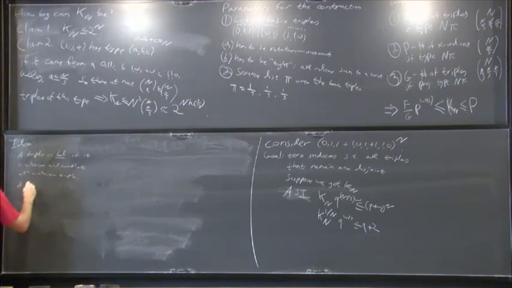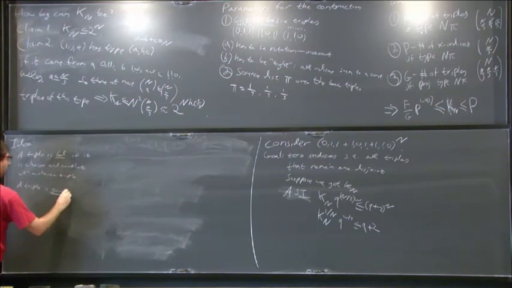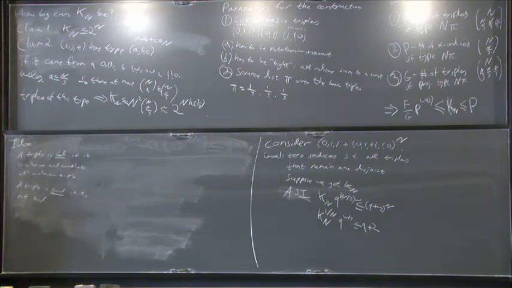Is good if it's not bad, and it's also chosen. And now, if we look at only the good triples, then they're going to satisfy all the properties. So we just need to estimate the probability, the number of good triples.